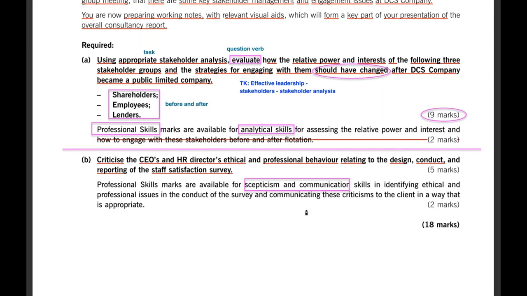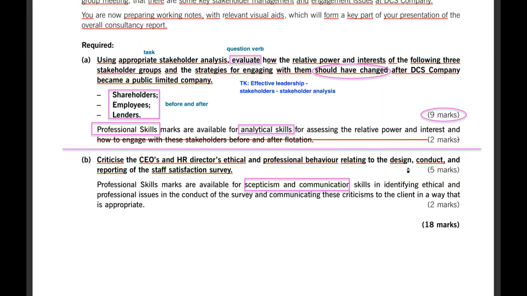You need to demonstrate skepticism because of this element of criticizing the professional behavior and ethical behavior of these 2 people, the CEO and HR directors, only in relation to the design, conduct, and reporting of the staff satisfaction survey.